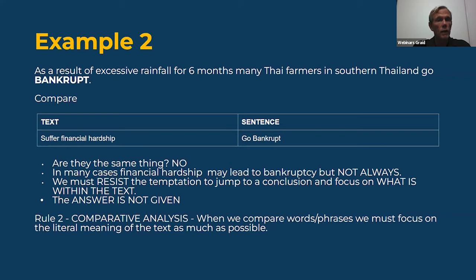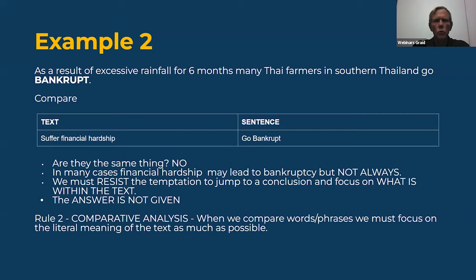Well, clearly no. In many cases, financial hardship may lead to bankruptcy, but not always. And we must resist the temptation to jump to a conclusion, and we need to focus on what is within the text. So once again, in a case like this, the answer is not given.